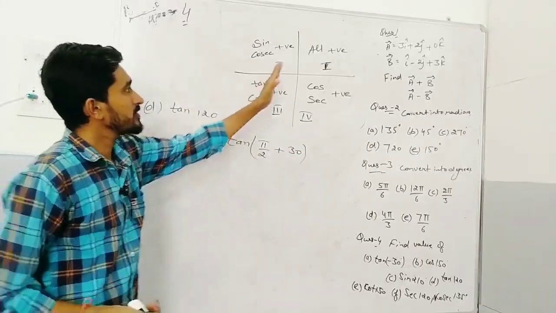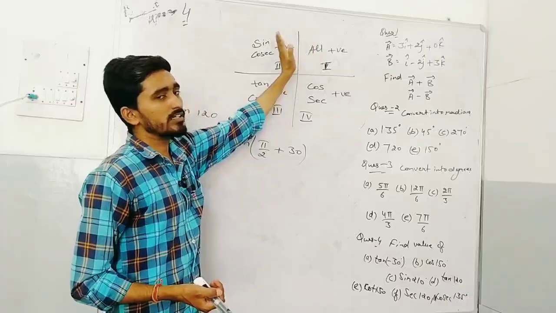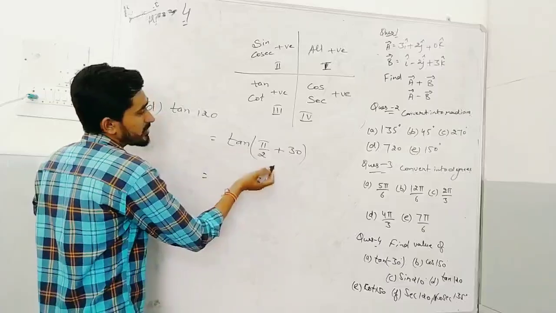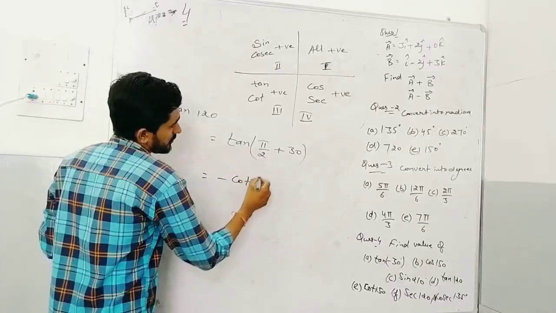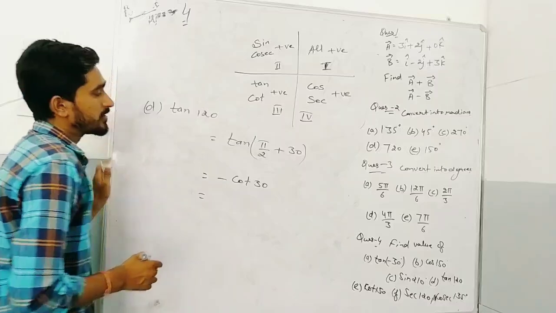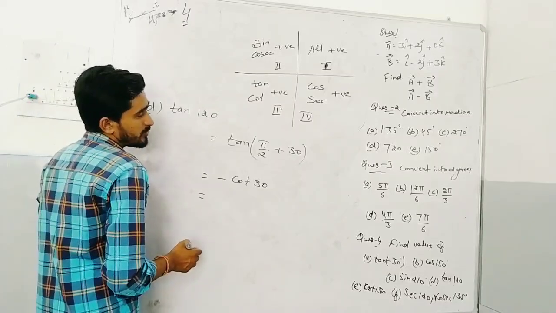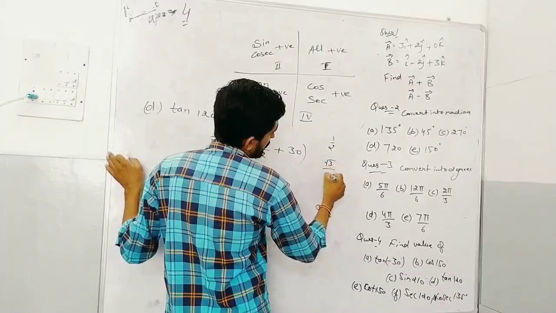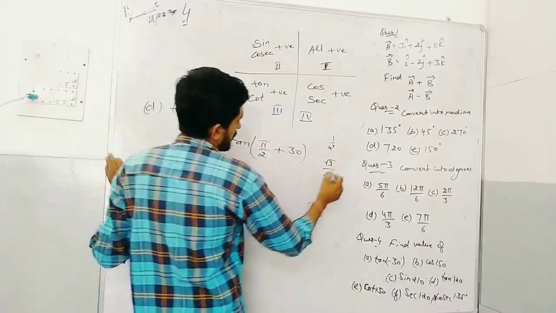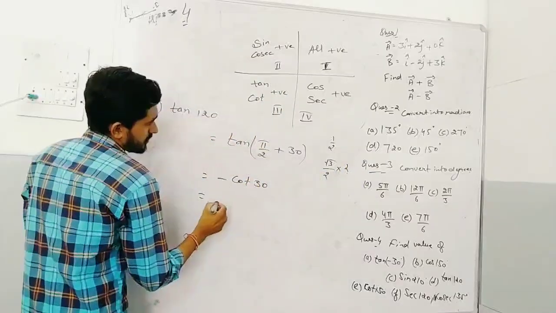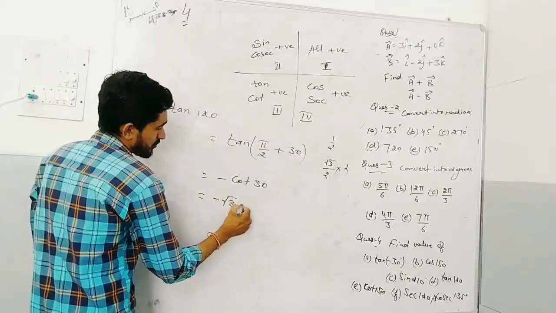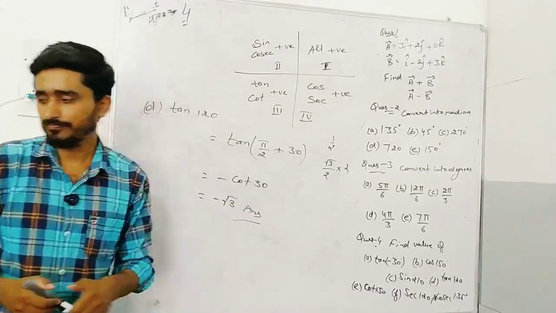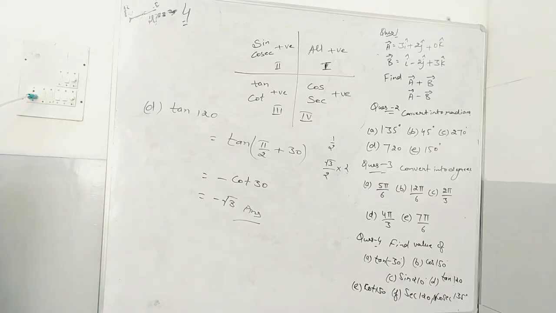Now check it: this is pi by 2 plus 30, tan becomes negative, and tan changes into cot, so minus cot 30. What does minus cot 30 give? Cot 30 is root 3, so this gives me the value minus root 3. This is the answer of D part.